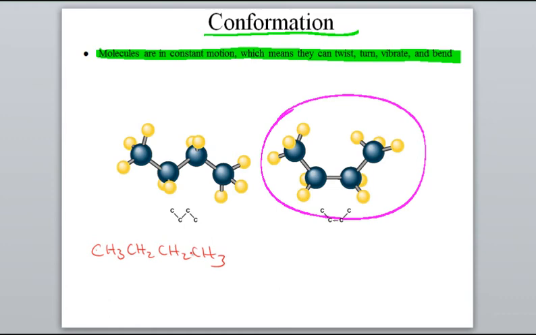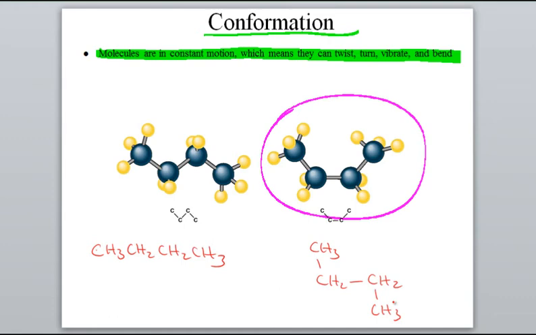You could, if you wanted to, write butane a little differently. You could go CH3 and go down CH2 and then across CH2, and maybe you wanted to go down again. You can write these structural formulas however you want. You're not trying to show 3-dimensional geometry.